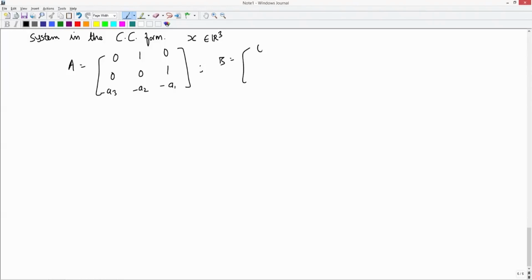The B matrix will have entries 0, 0 and 1. Okay. So, let us first say that the desired closed loop poles are at mu 1, mu 2 and mu 3.